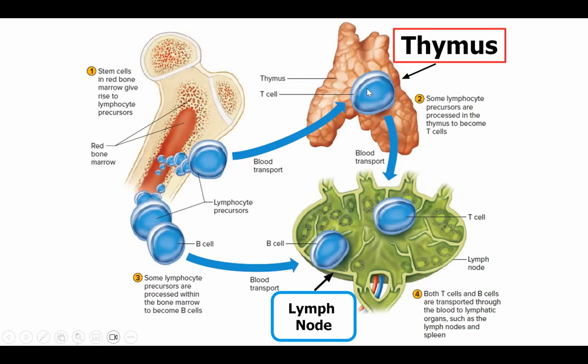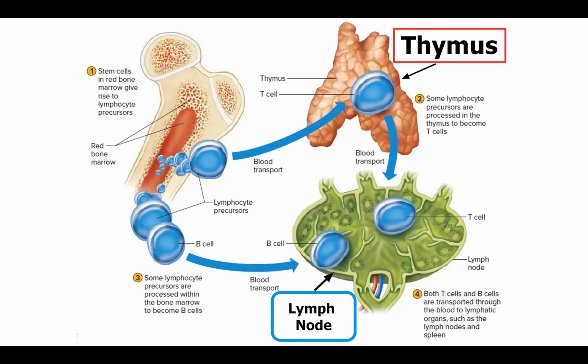In the thymus, this precursor will eventually start to mature, and through a complex cascade of chemical signaling, it will turn into a type of T cell.